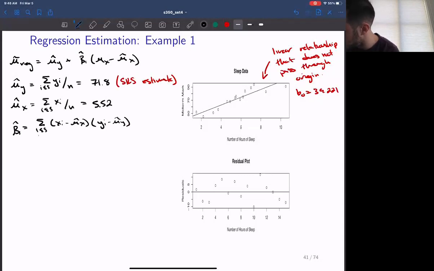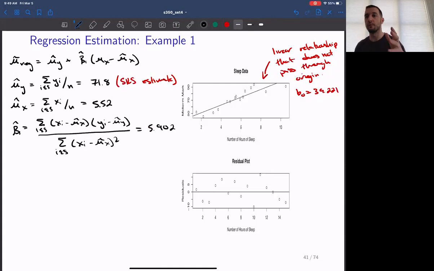So this quantity here. And we can show that this thing works out to be 5.902. So we're computing an estimate for the slope of the line directly.